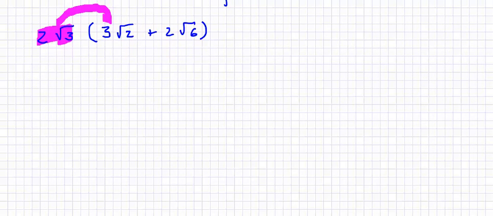All right, how about when we're dealing with binomials? 2 times the square root of 3 times the quantity, 3 square root of 2 plus 2 square root of 6. Now we distribute. We take this number right here, and we multiply it times this, and we multiply it times that.